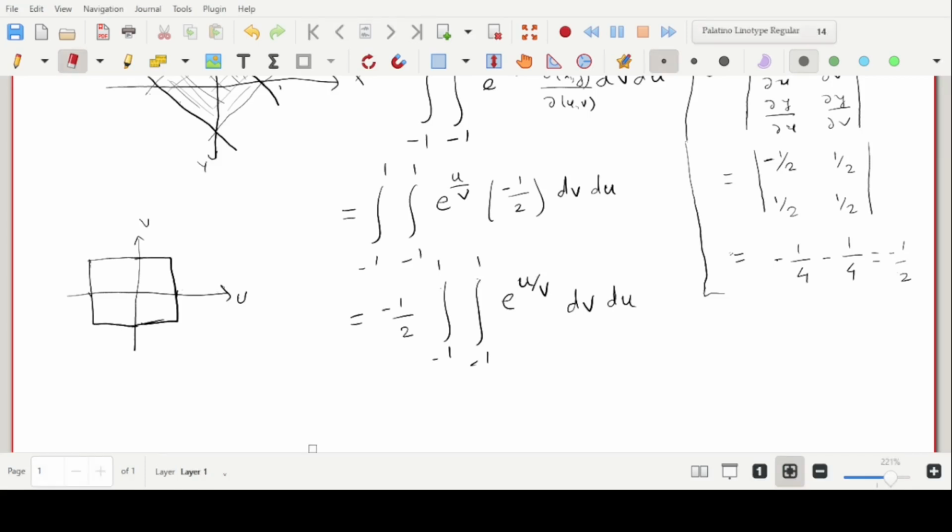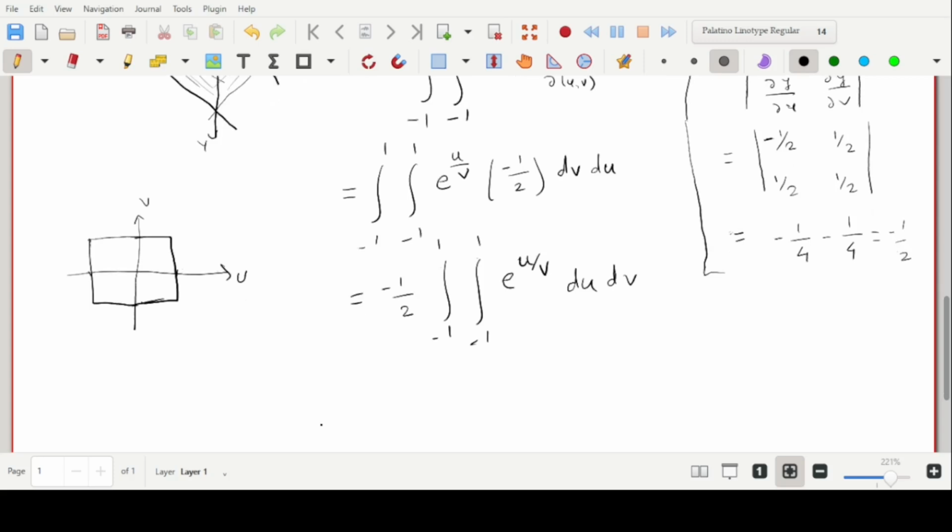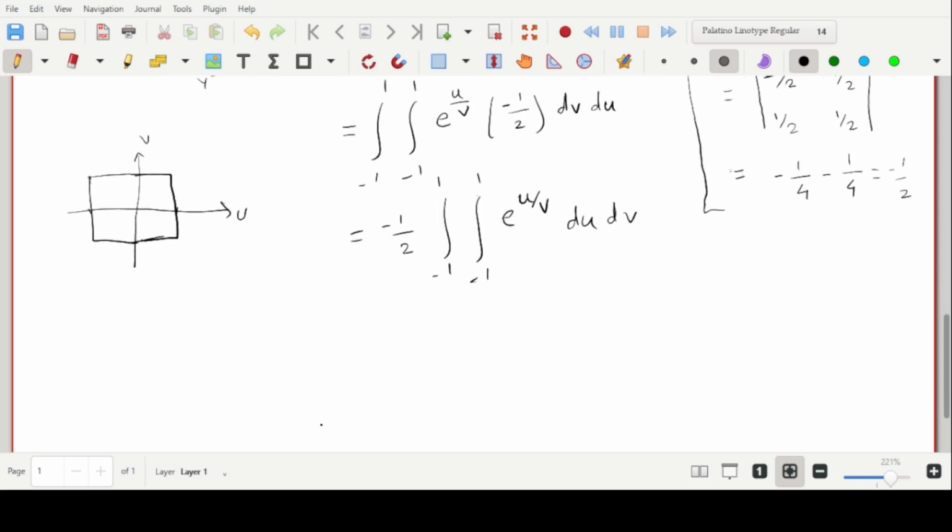Let us change the order over here rather than struggling with this. Since we are integrating over a rectangular region, we can change the order. So first we can integrate with respect to u and then with respect to v, because that will at least postpone the possible difficulty.